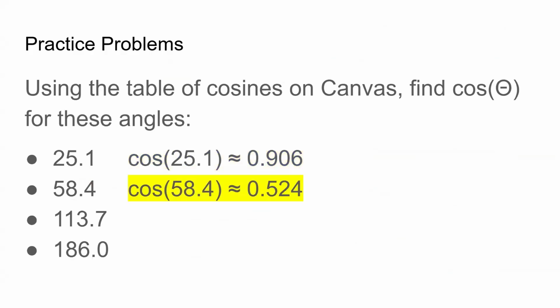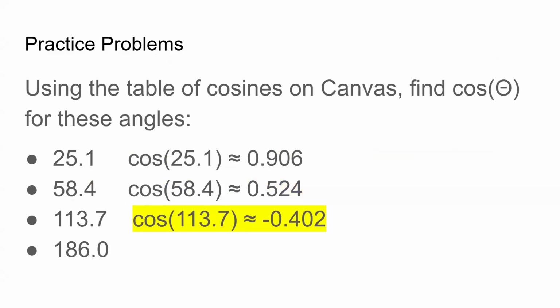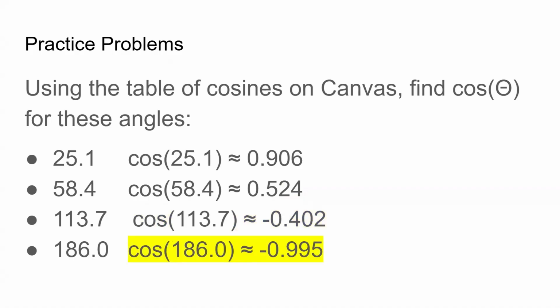The cosine of 58.4 is about 0.524. The cosine of 113.7 is about negative 0.402. And the cosine of 186 is approximately negative 0.995.